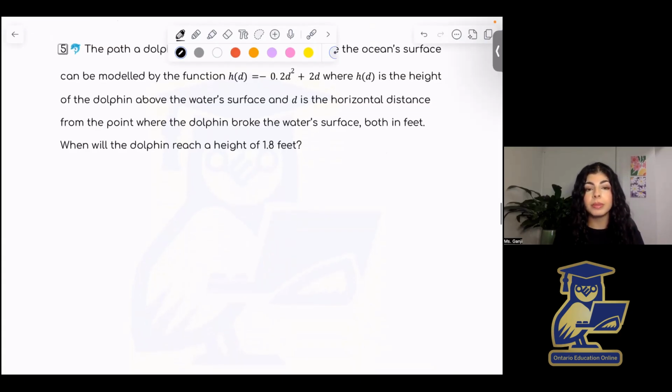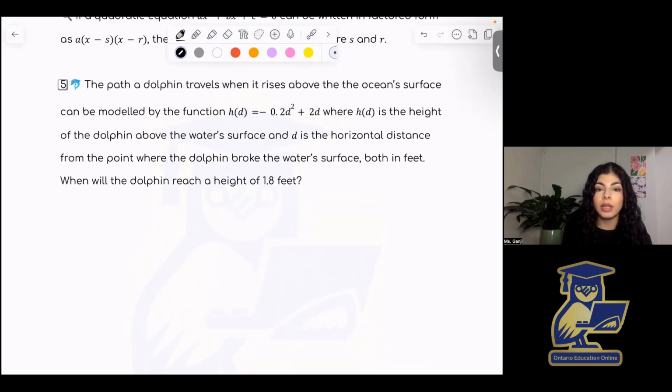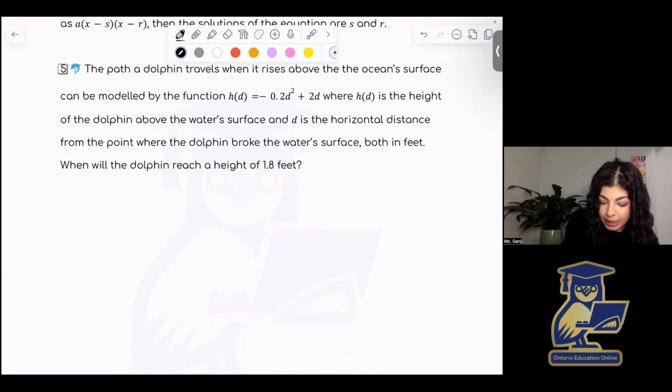So with word problems, first, please make sure you understand what the variables are representing. So a diagram always helps. So I imagine the sea level here.